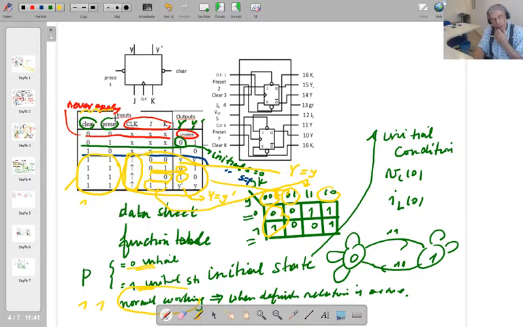Some more information about the commercial products. If there is a small circle in front of one of these variables, for example, that clear here. If you follow this up with red, you see that is the additional input here, clear, and there is a small circle here.